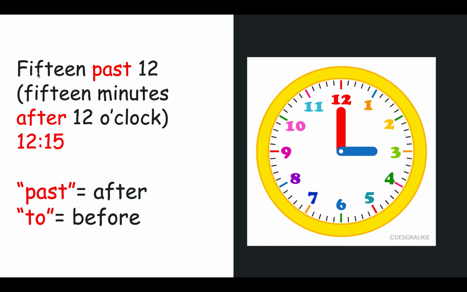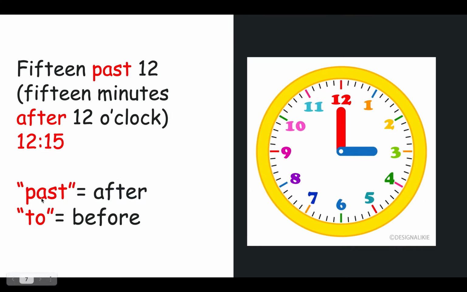Basically, you just say 15 past 12. Or if you want to make it into a full sentence, you can say it's 15 past 12. It means 15 minutes after 12 o'clock. You can also say 12:15, or it's 12:15.